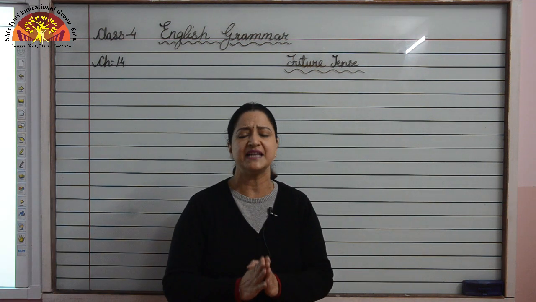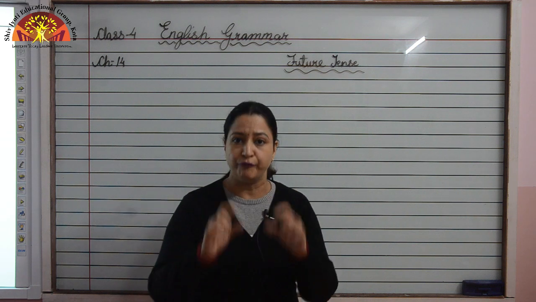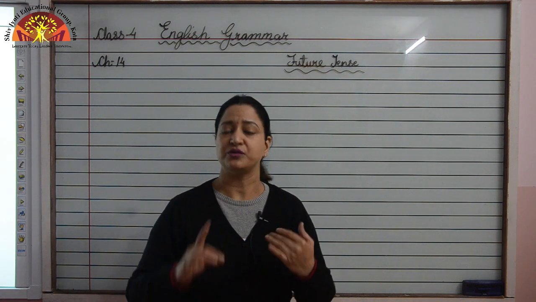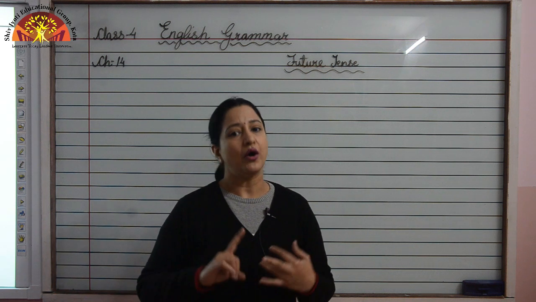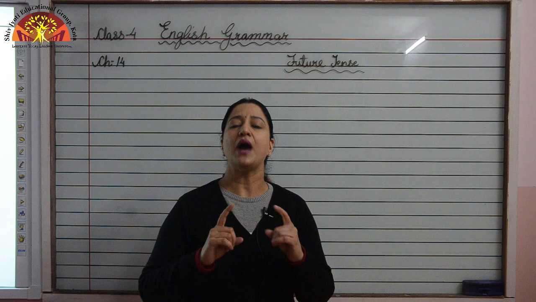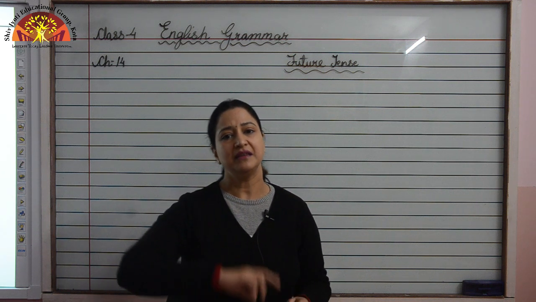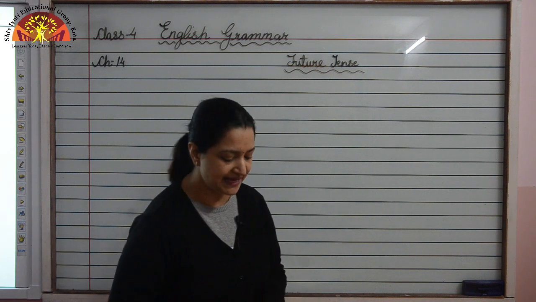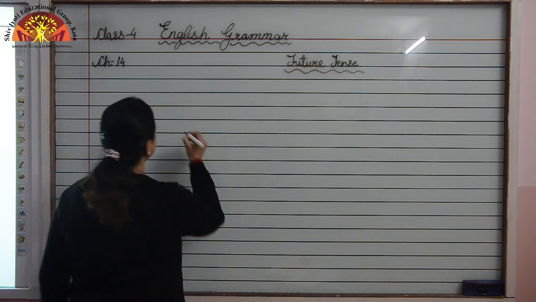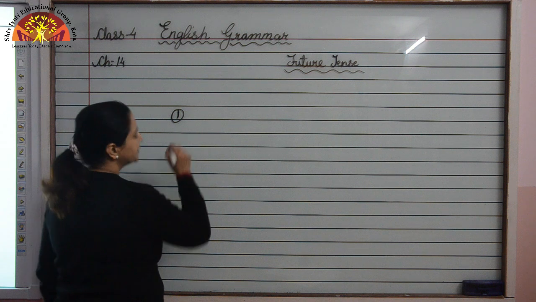And for future tense, you have to use will for every subject, whether the subject is singular, whether the subject is plural, or the subject is I. You have to use will with first form of verb. Okay, let's see with some examples. Okay, number 1.